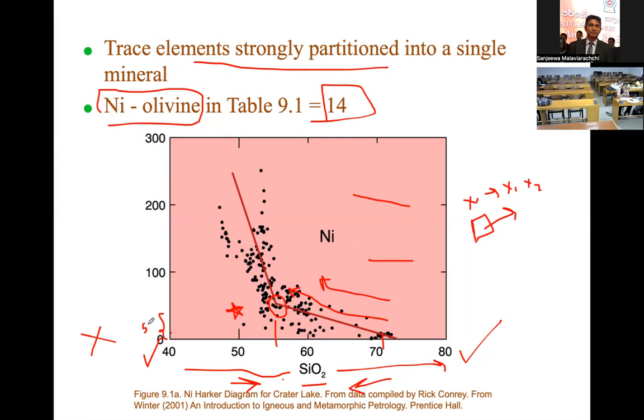But all of a sudden, what happens? In a very narrow silica range, a very narrow change here, the final nickel composition is more than 200. From 50 to 200 it has changed. A drastic change has happened. So what might this indicate? From here to here, not much nickel was fractionated.